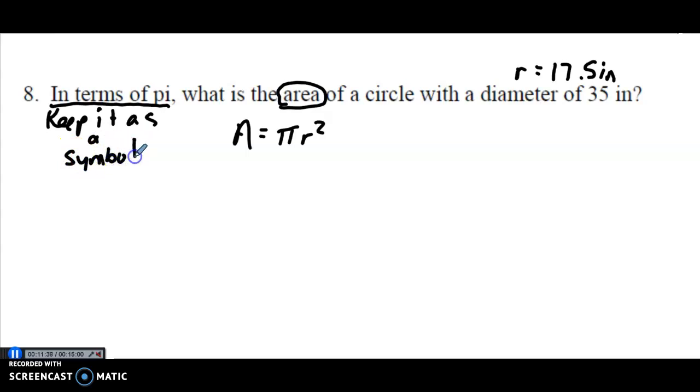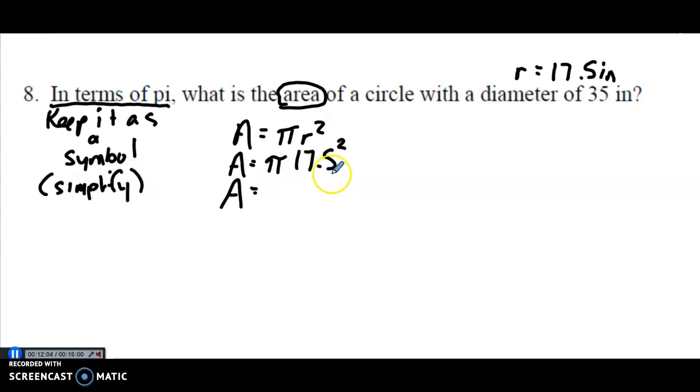So when we do the problem, we do A equals pi, keeping pi as a symbol, and then we plug in the length that we know is correct, which is the radius of 17.5, squared. All you have to do here is simplify the problem. I'm going to put the word simplify here on the side.